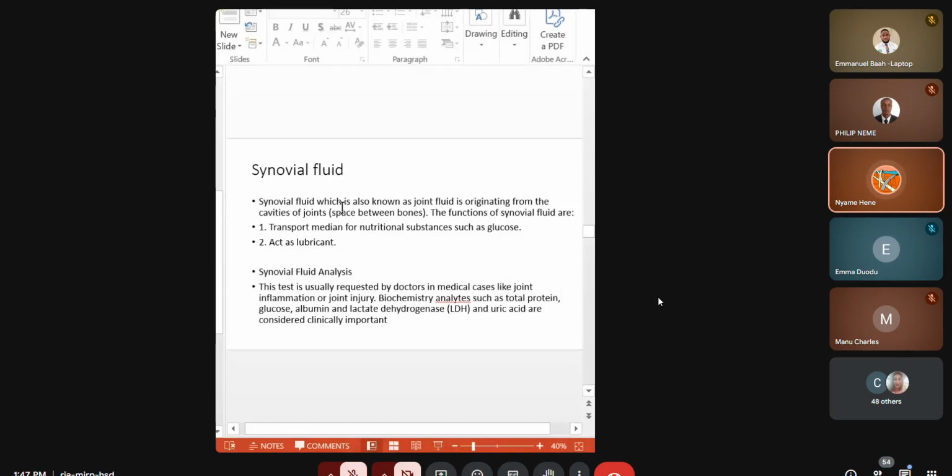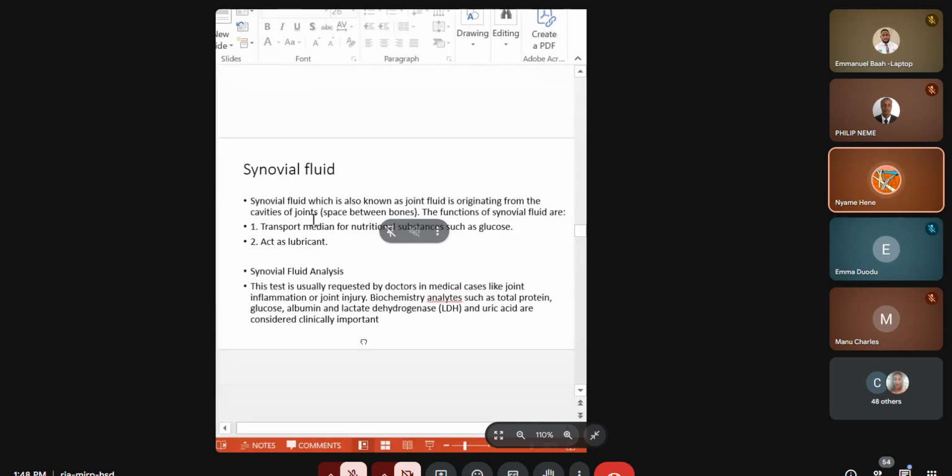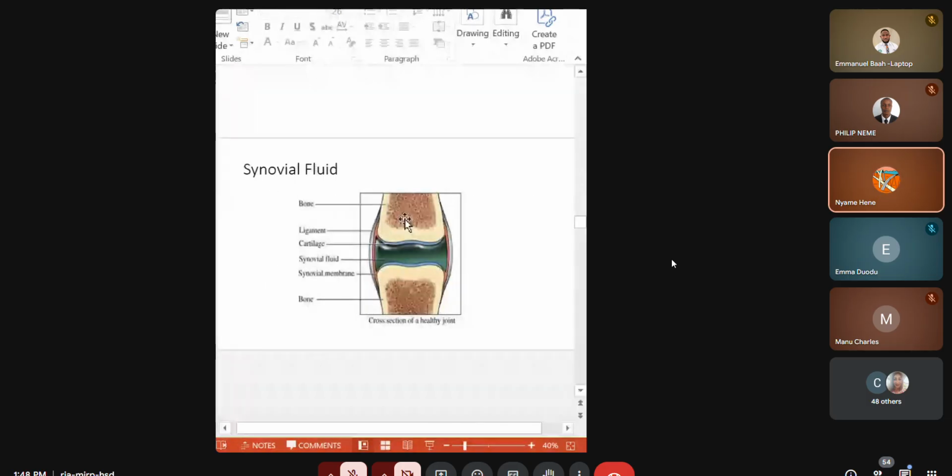So we say synovial fluid, which is also known as the joint fluid, originates from the cavities of the joint. That's the space between the bones. There are some cavities here.